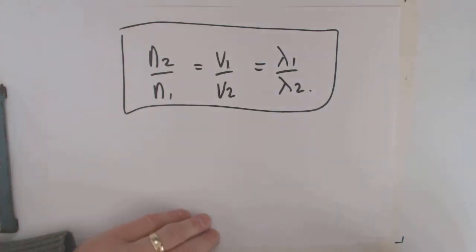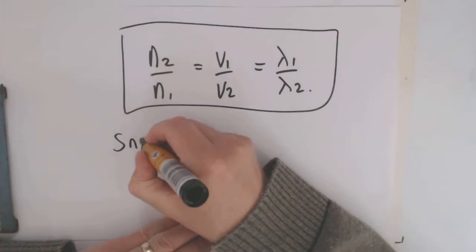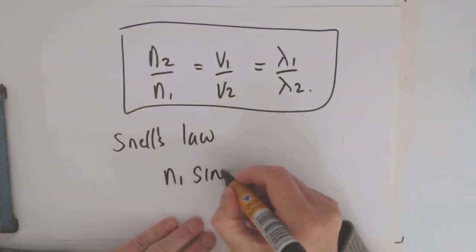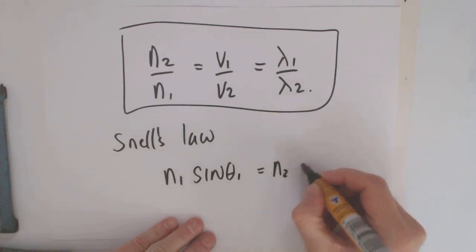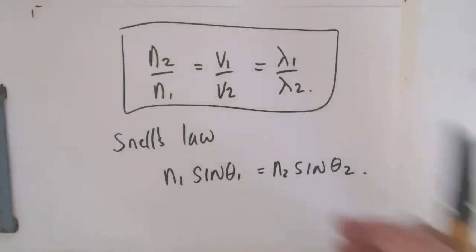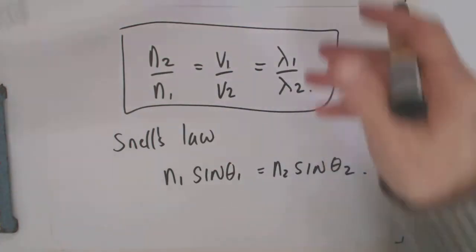And we've got another formula called Snell's law. n1 sine theta 1 equals n2 sine theta 2, which tells us all the maths we need to know for calculating the angles.